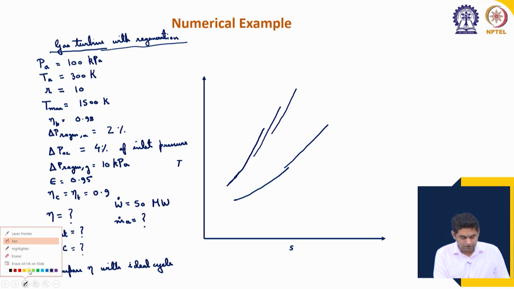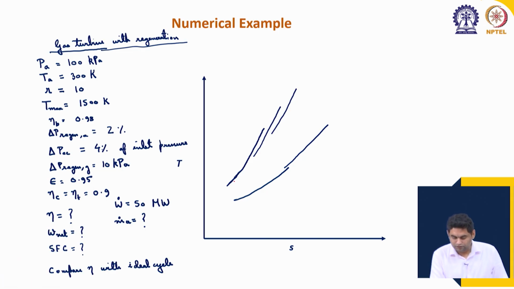Now, let us say that compression is from 1 to 2. So, this is 1, this is 2s, this is 2, then let us write 01, 02s, because that we should practice now like this.